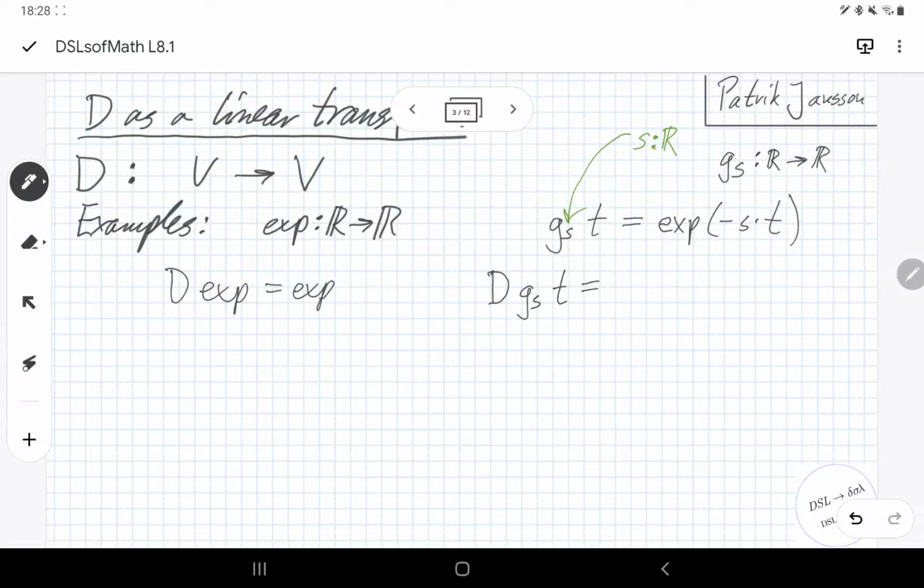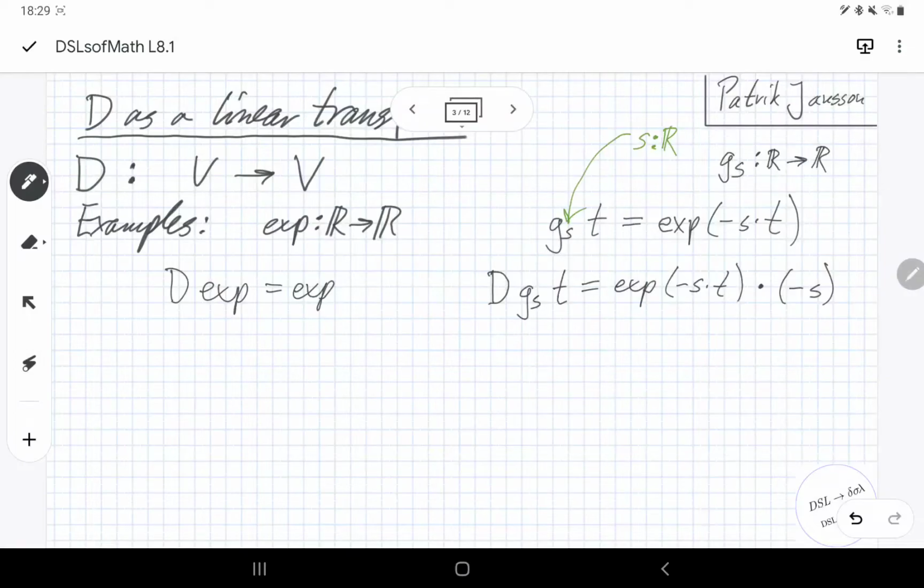In our case, that means we will still have exp of minus s times t, but we will also have to multiply with the derivative of the inner function. And the inner function is just a scaling by minus s. So a linear function, lambda t to minus s times t. The derivative of that is multiplication by minus s.